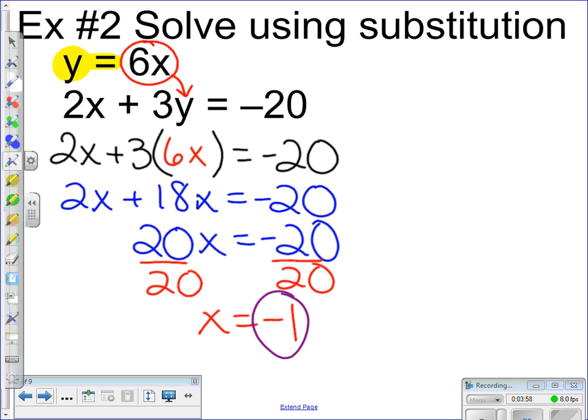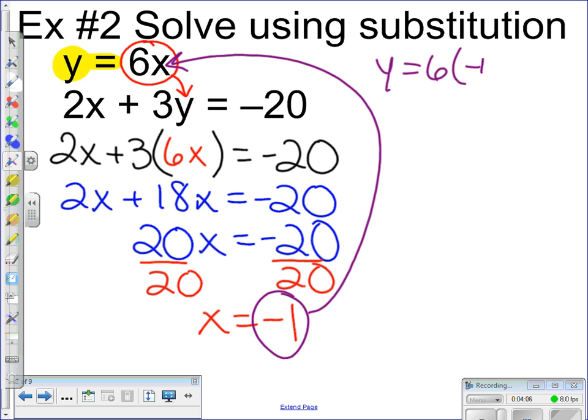Take your negative 1 back to the beginning and plug it in for x. This will give you y equals 6 times negative 1. And 6 times negative 1 is negative 6. So don't forget to write your answers in ordered pair. Negative 1, negative 6. Pause here before we go on to number 3.